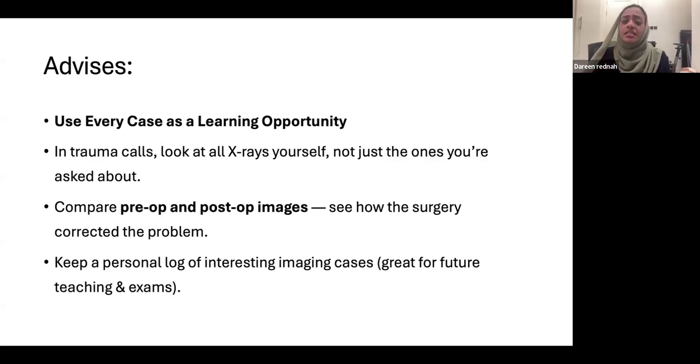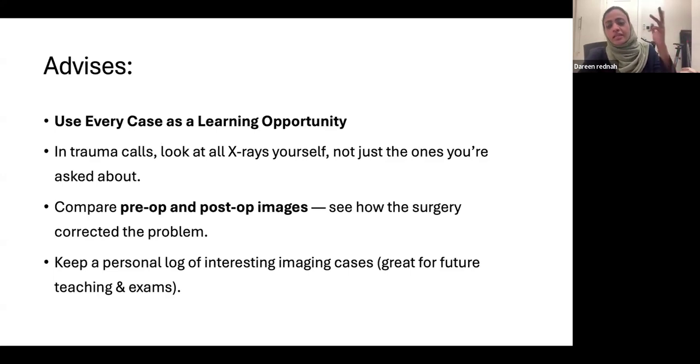Use every case as a learning opportunity. In trauma calls, look at all the X-rays yourself, not just the one you are asked about. Chest is clear? See the chest, maybe someone missed a rib fracture. Spine is clear? Check the spine, maybe someone missed an avulsion fracture, which indicates instability in the spine.